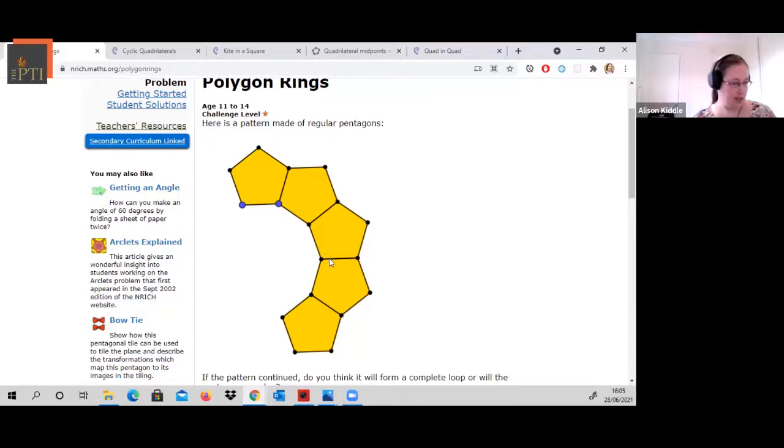So when Charlie and I were discussing this, we thought that this might be a nice task to use because it could either be used at the beginning of a topic on angles as a motivation for students needing to know the formula, needing to know how to work these things out, or it could be used as a consolidation task. Once students have met the formula, then they can apply the formula in order to work on the ideas in this task. So I'm going to hand over to Charlie, and Charlie, you're going to explain a little bit about how you might derive the interior angles. So if I stop sharing.